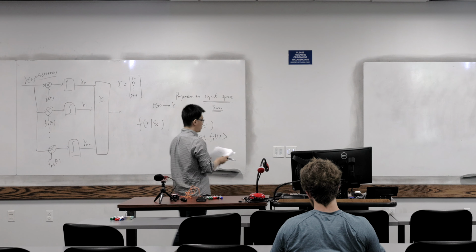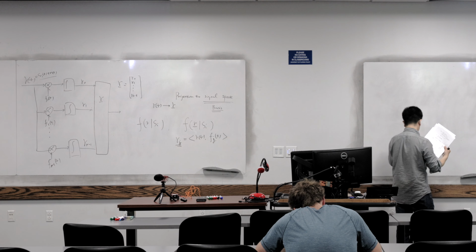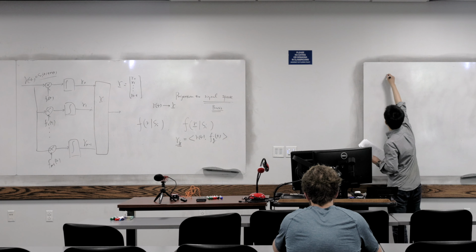I will change it to j, because we're going to compute the inner product between R of t and all of these basis functions. So I denote that as Fj here, and let's assume that Sj of t is sent.